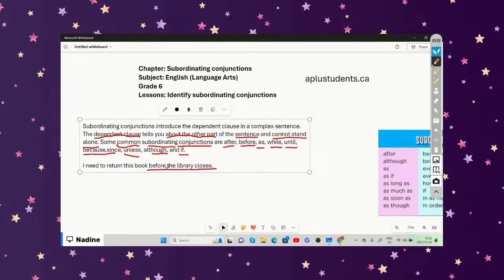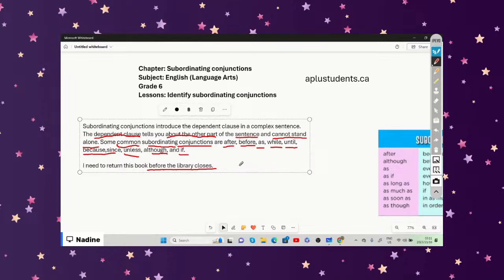Because if you look at the part of the sentence that says I need to return this book, that can stand on its own, right? But if you remove that part, then before the library closes cannot stand on its own, right? Which means that it needs I need to return this book.